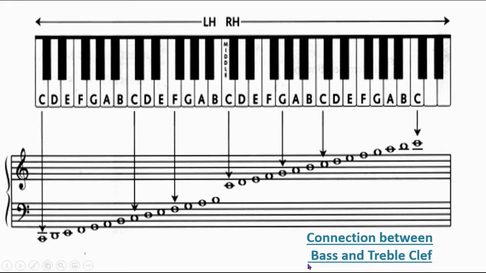Now, if you see, it's a kind of explanation about the left hand and the right hand of the piano, and the border of the bass clef and the treble clef. So I can play you the notes, and you will see that at the middle do, or middle C, which is exactly the middle of the piano, I switch my hand to the right hand, and mostly we change the clef.